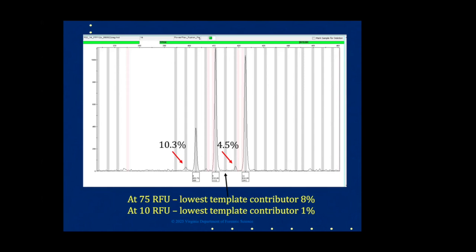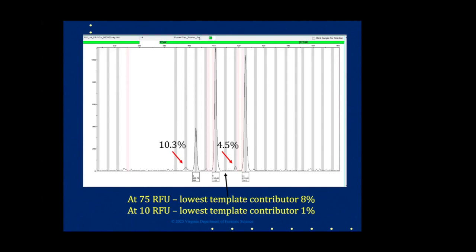The measured stutter for the 5 is 10.3%, which is far above TPOX's stutter threshold. So it makes some sense to model that 5 as potentially a real allele. And then the 10 is only 4.5%.